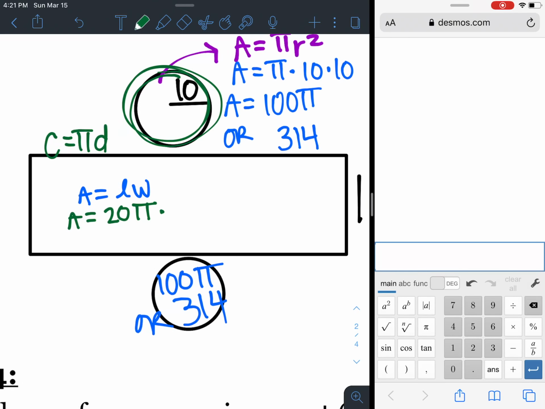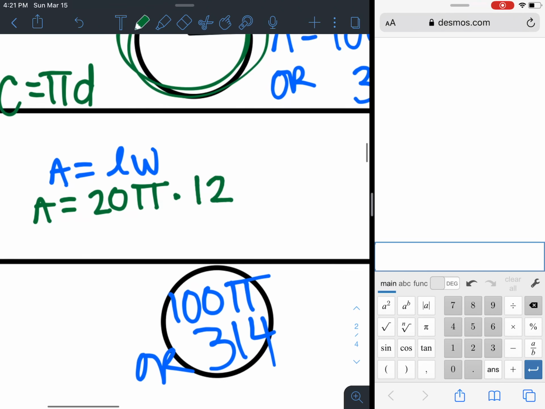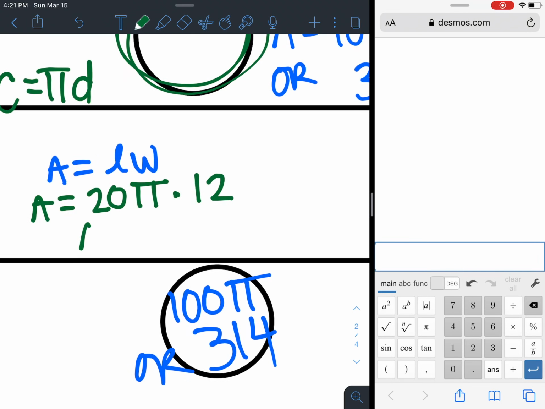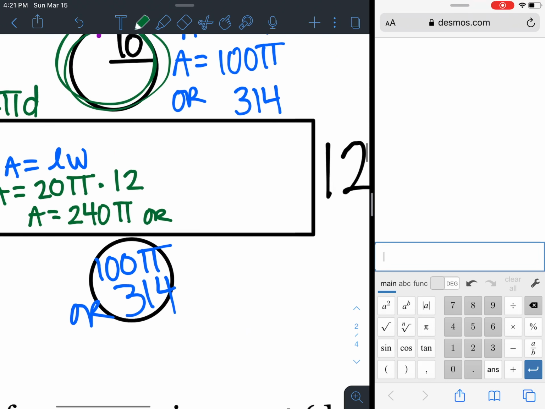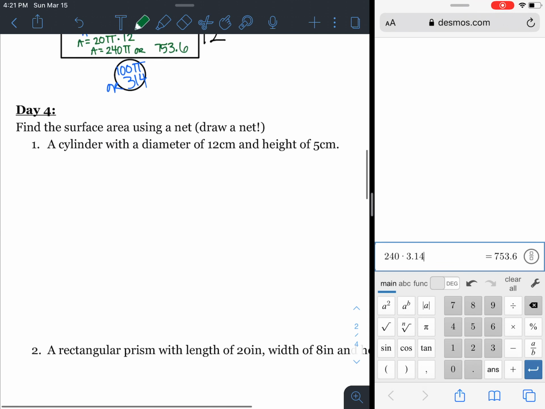So 20 pi times the width is 12. Again, if you want to leave it in terms of pi, 20 times 12 gives us 240 pi, or 240 times 3.14, 753.6.